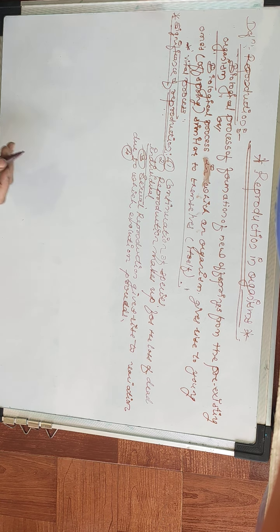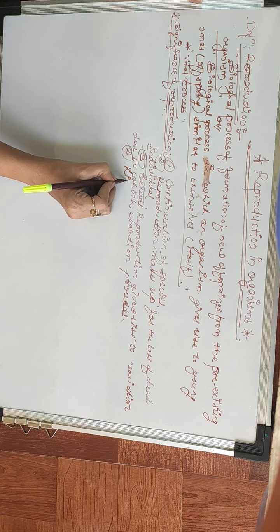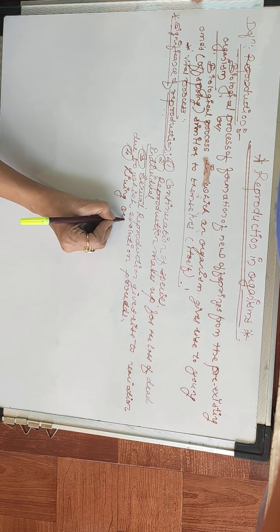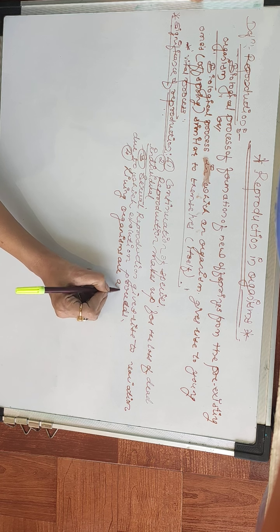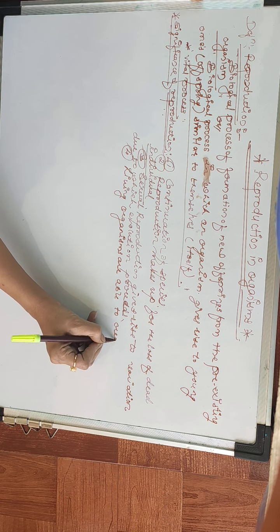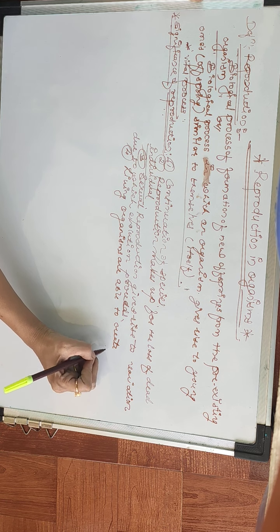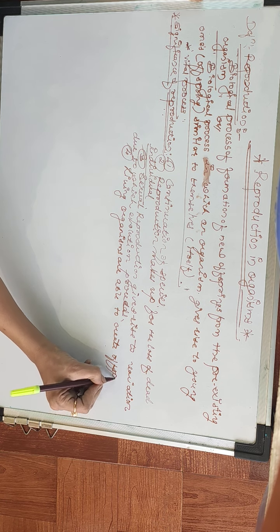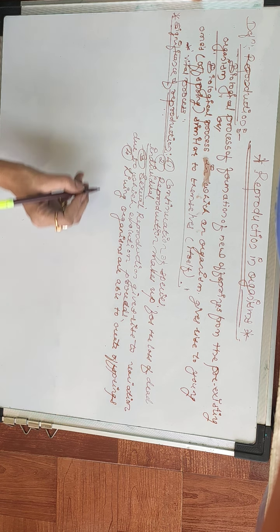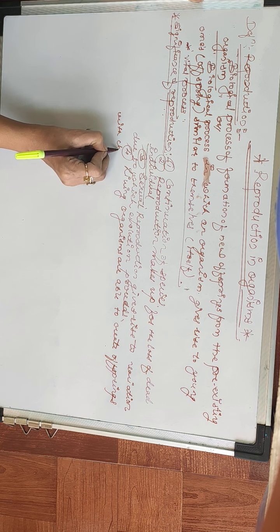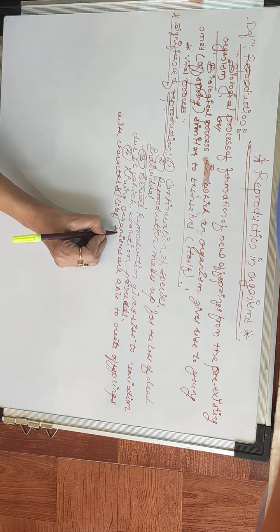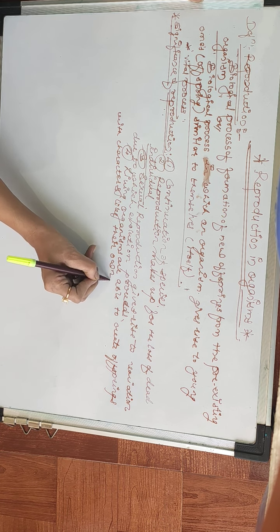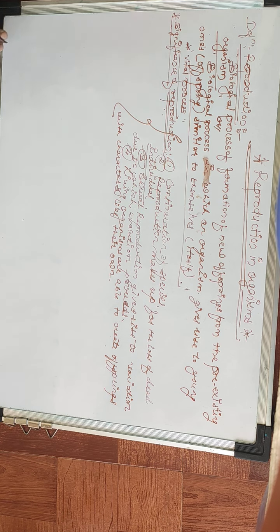So these are the four important significances of the process of reproduction.